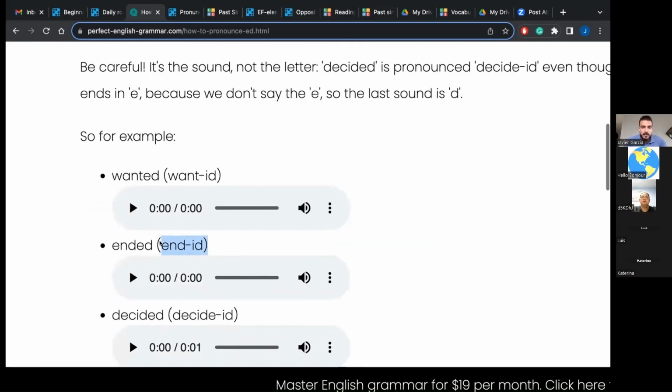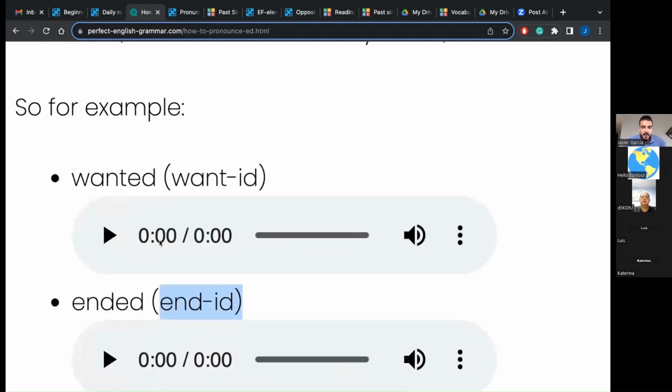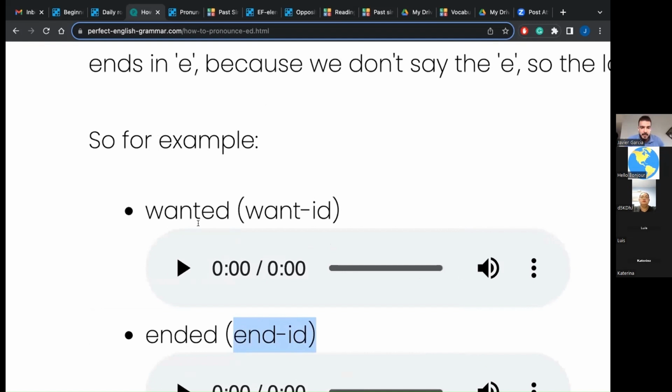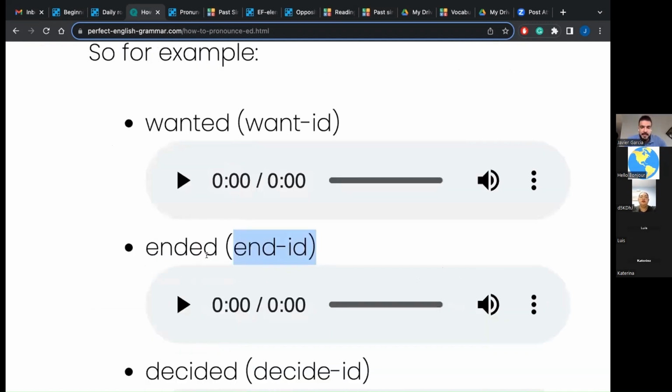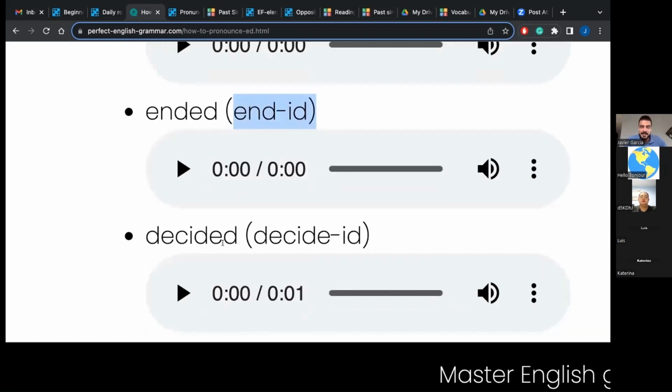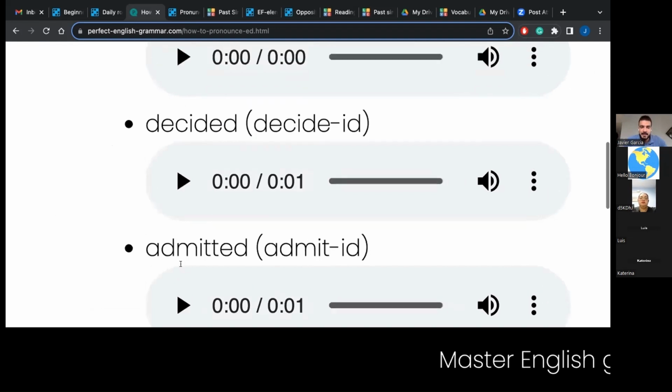So repeat after me. I will say the word and you will say it after me. Wanted. Ended. Luis, please repeat with me also. Decided. Admitted.